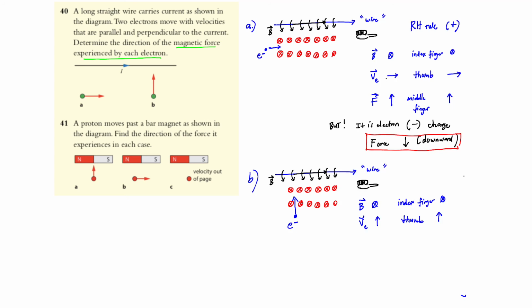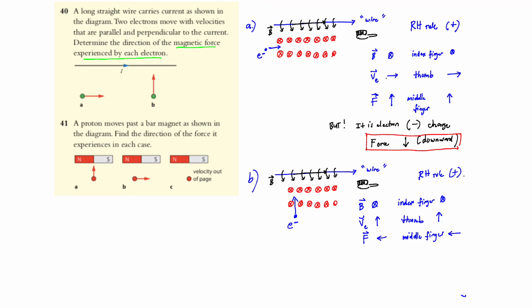Try to use the right-hand rule. Remember that the right-hand rule applies for the positive charge. But try to use it, and you will see that the force vector is going to go to the left. And so your middle finger must point to the left.